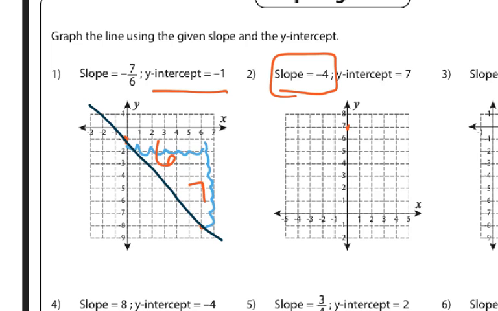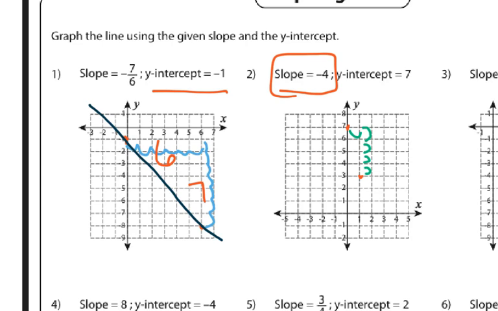So I have one of them already. I just need one more. If you remember, we wrote down, we're going to run 1 and fall 4. So let's go ahead and do that. So I'm going to run 1 and fall 4. 1, 2, 3, 4. So my other point will be right here.